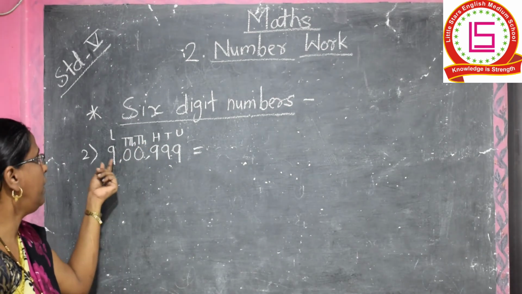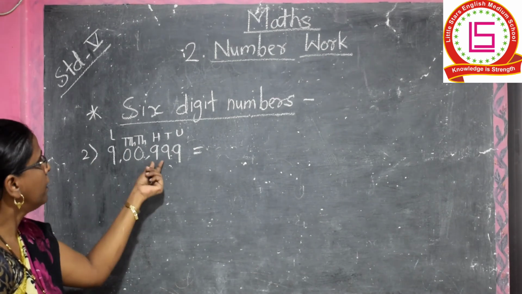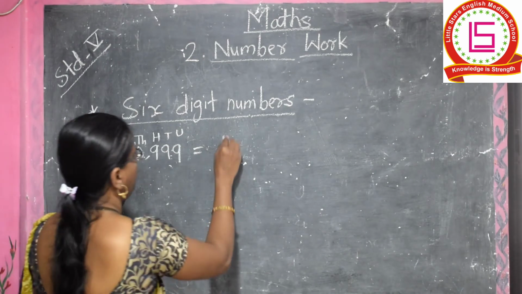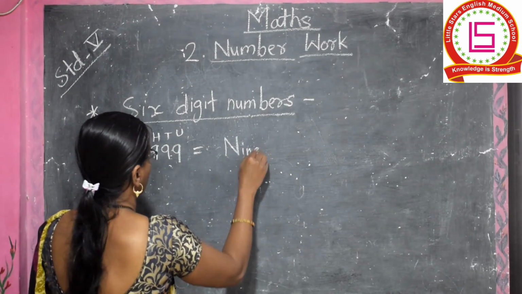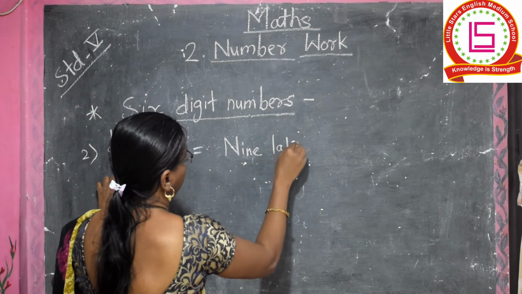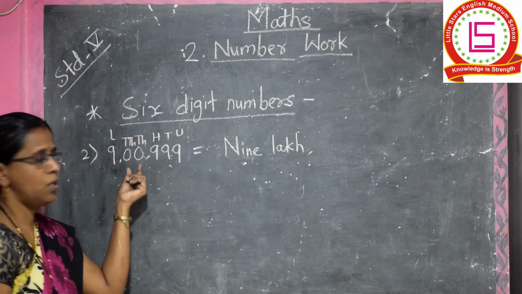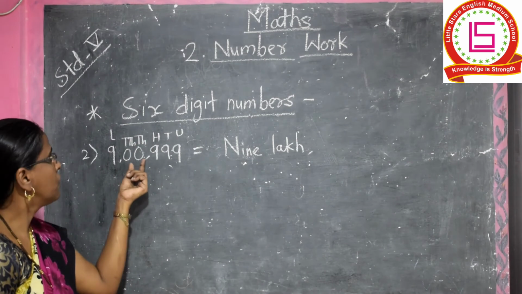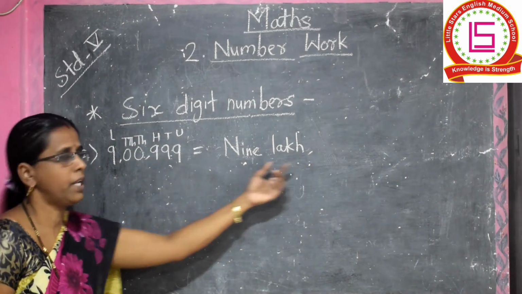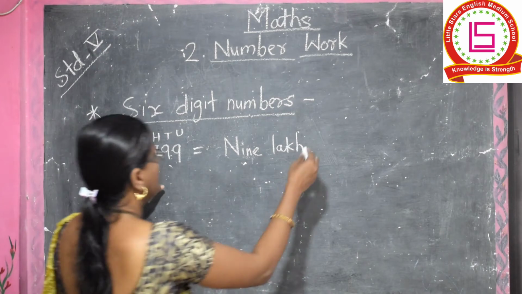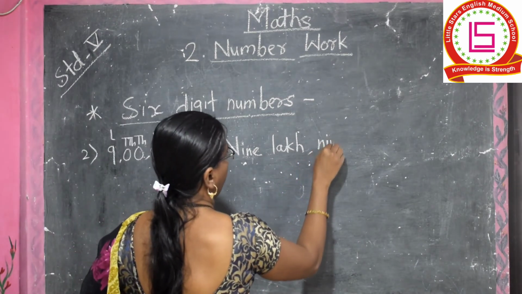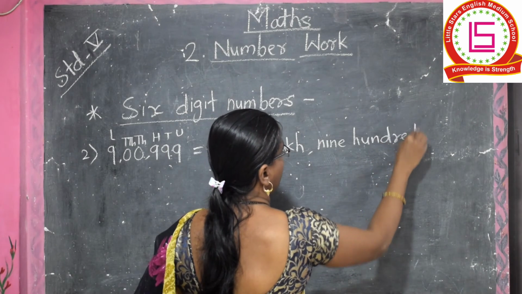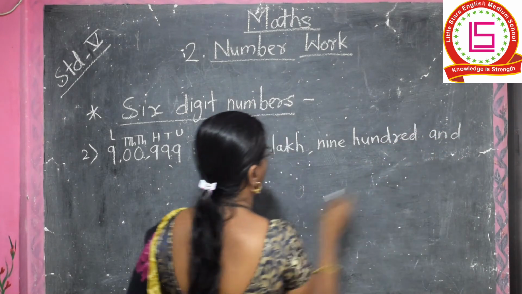So we read only 9 lakh, and then write 900 and 99.